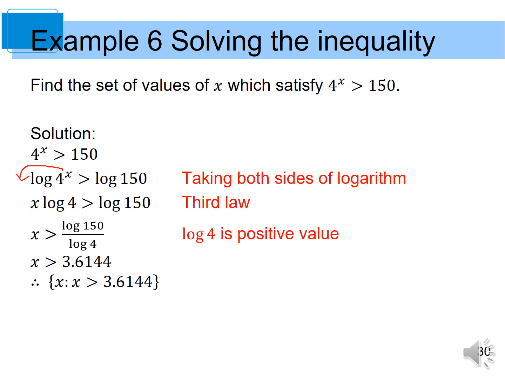But if we are dividing by a negative value, the inequality sign should be turned over. Lastly, we get the answer. And since the question requires us to find the set of values of x, we should write our answer in this form.